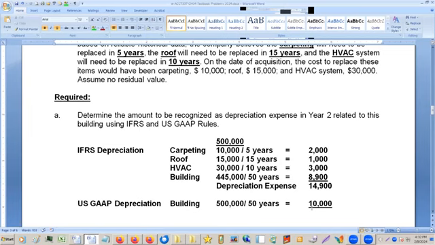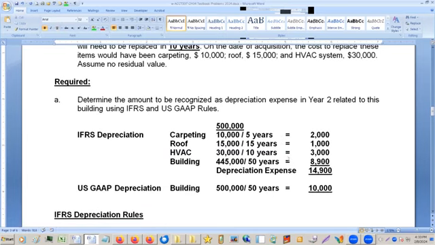Yeah. Okay. So this would be international standards. They would depreciate 14,900. And U.S. standards, we would just depreciate the building altogether. And when we do replace things, we'll just count it as a maintenance expense.